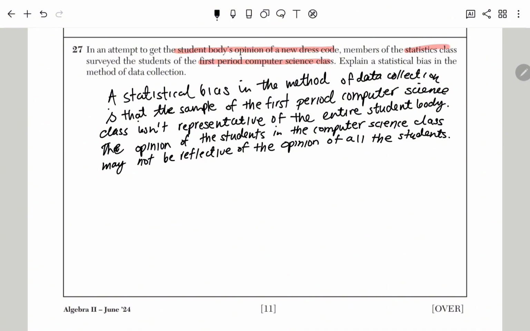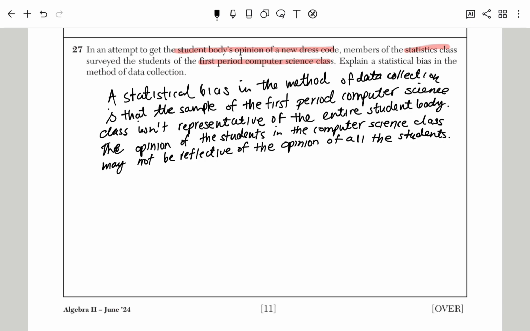So whenever you're given a question where it's telling you that they're trying to get data on the student body, the entire school, whatever, you can't take a sample just from one class. Because if you were in school and they wanted to survey students on the new lunch menu, and say they only asked students in fourth period lunch, that's not representative of the population, because say you have 1,000 kids in the school and only 40 kids have lunch fourth period, it's not representative of the entire class.